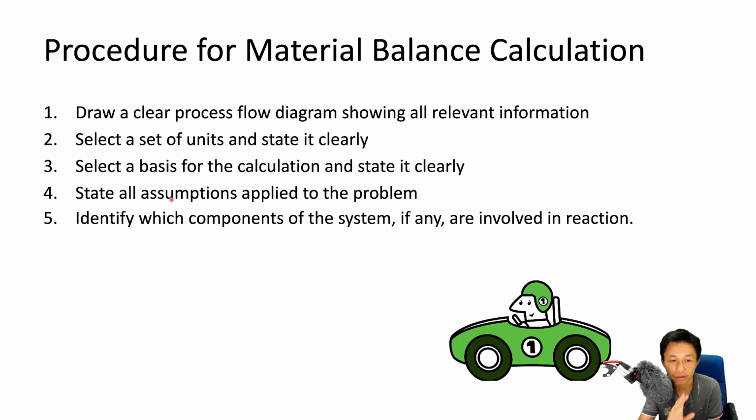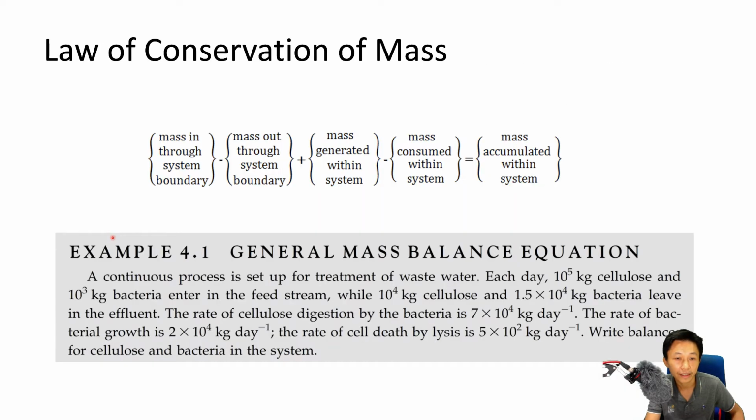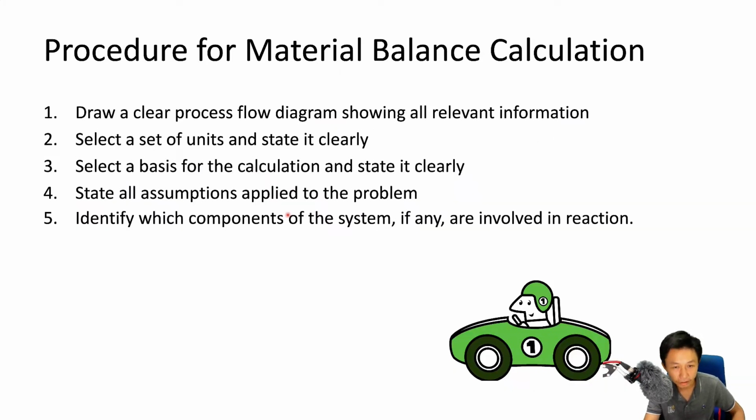And one more thing is your mass cannot be lost. And then you need to solve your equation. Okay, this is your step. This is the more important equation, and this is your step.